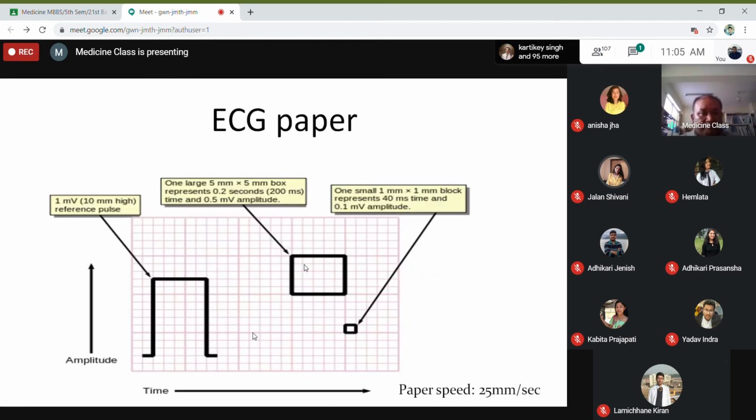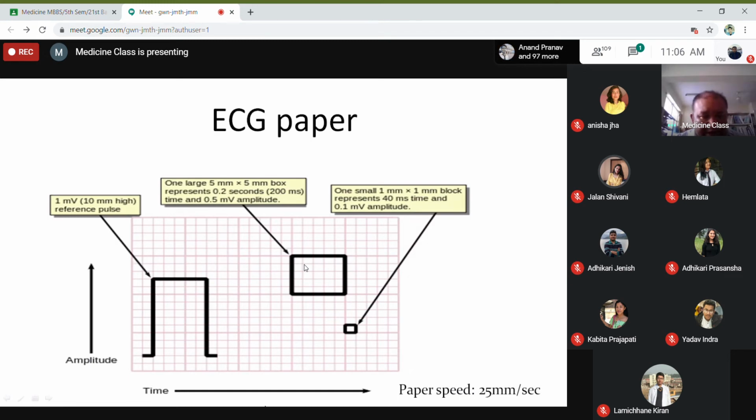And in the ECG paper, if you look at it, it is like graph paper with small squares and large squares. Each large square consists of 5 small squares on the y-axis and 5 on the x-axis, so there are around 25 small squares in one large square.